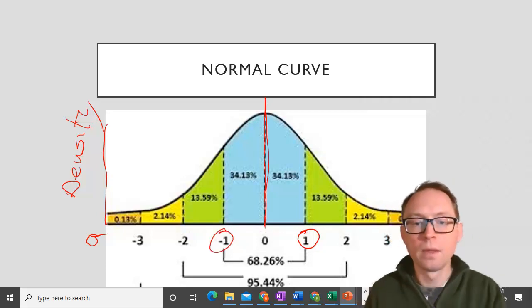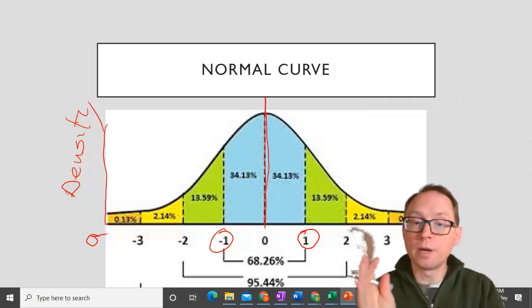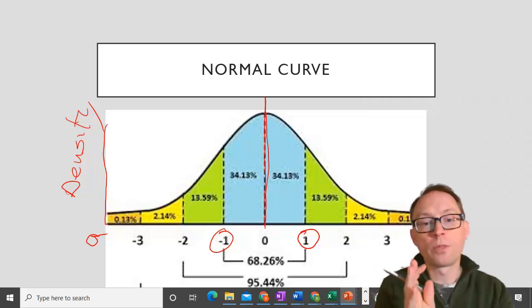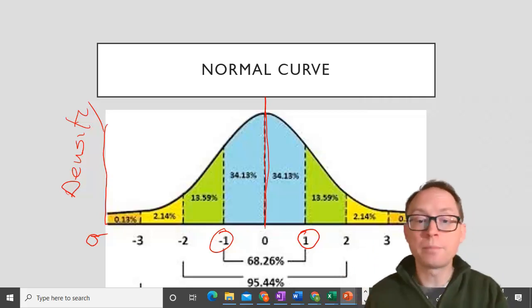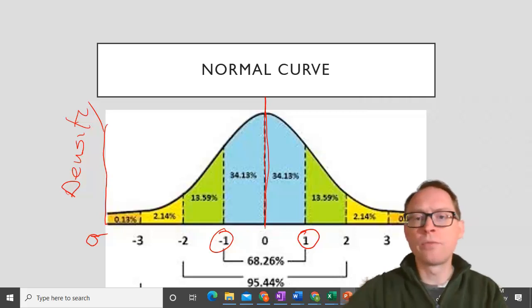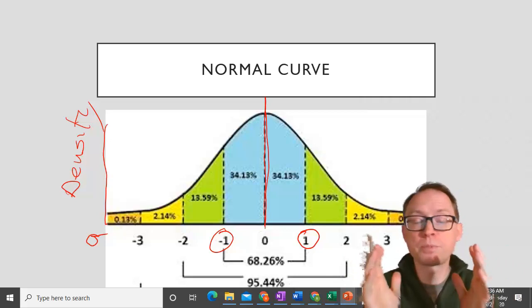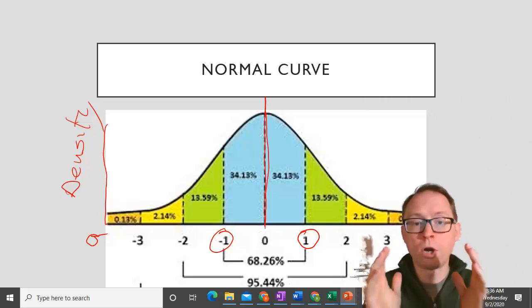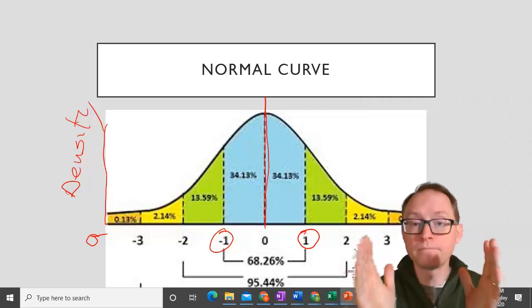Okay? Since we know that 34.13% are exactly one standard deviation above the mean, and 34.13% are exactly one standard deviation below the mean, we know that 68.26% of all of the scores are between one standard deviation below and one standard deviation above the mean.